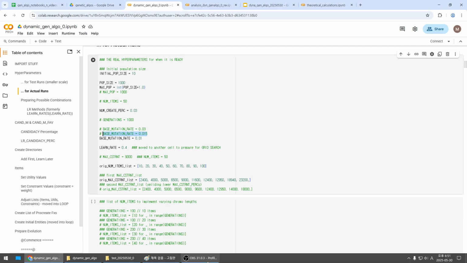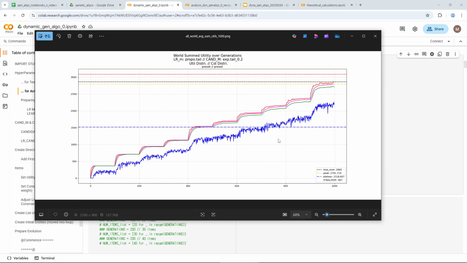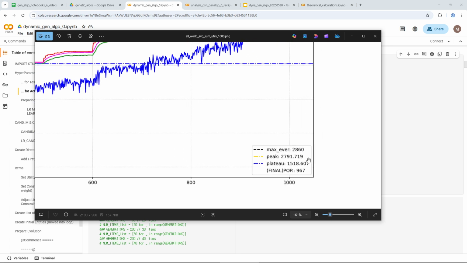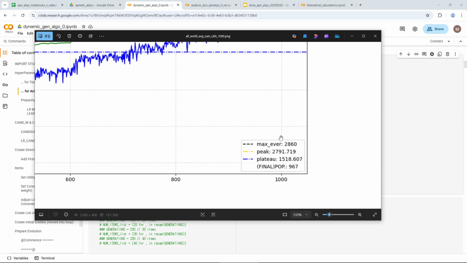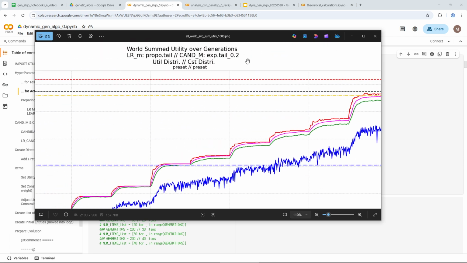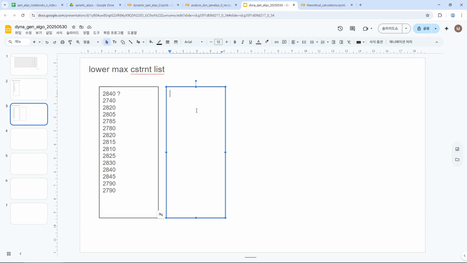So when I do that, this is what I get. I have a maximum ever at 2860, and I was using a 0.2 as the candidate percentage value. So suddenly we have a very high, a higher value than 2040.